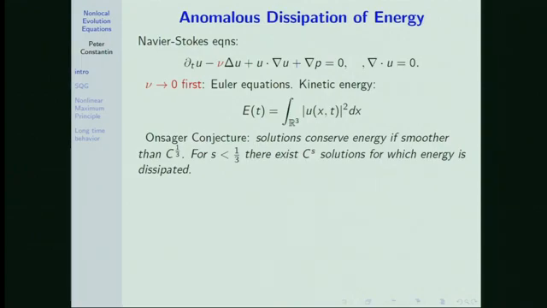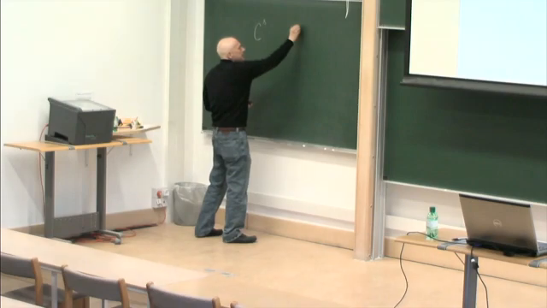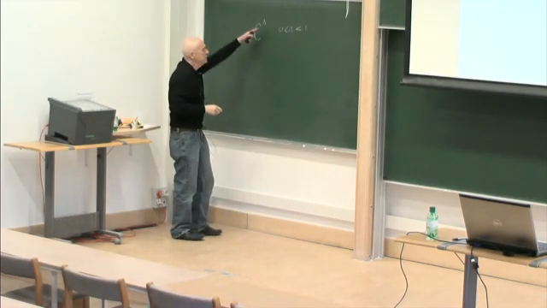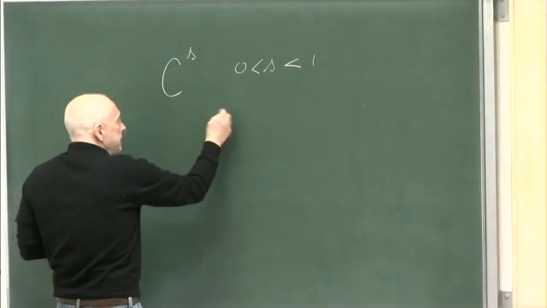So now here's the first time that I need to write something on the blackboard, I think. So for those of you who are not into elliptic PDEs, I'll talk about C^s, where s, for instance, is a number at this point between 0 and 1. And these are functions with s derivatives. And what's a fractional derivative in this particular case?